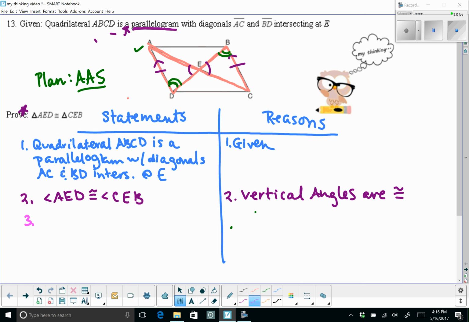Next, I hit the properties of a parallelogram. One got me a side, one got me a relationship. I'll put them all in the same step because it's going to be the same reason. So AD is congruent to BC, but also AD is parallel to BC. Both properties of a parallelogram.